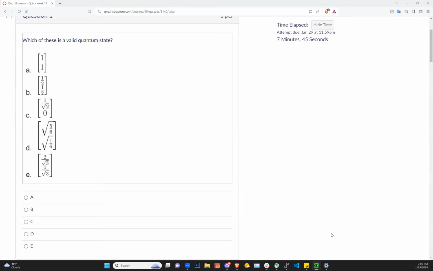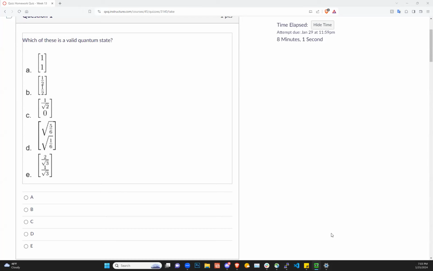And remember, we care about this normalization because to be normalized means the vector has length 1. Why do we care that the vector has length 1? Well, it's because of Born's rule.